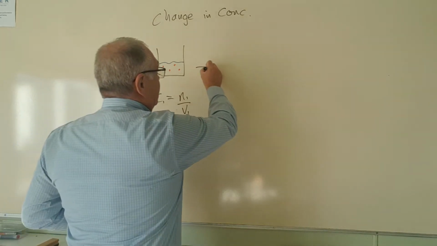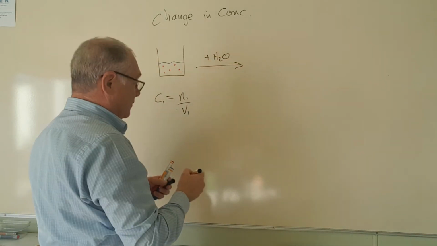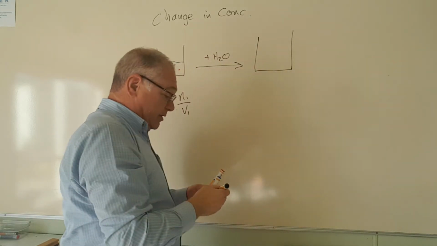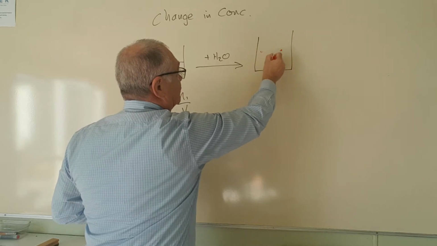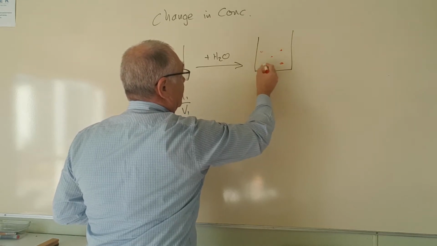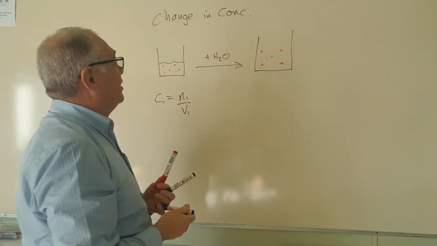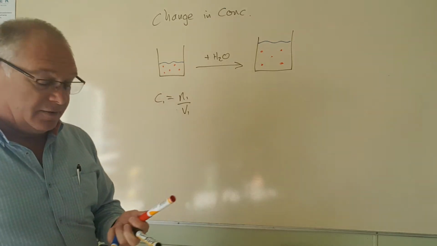And what happens is that, let's say we add some water to our container, we're going to end up with the same number of solute particles in our container, but this time our volume is different.